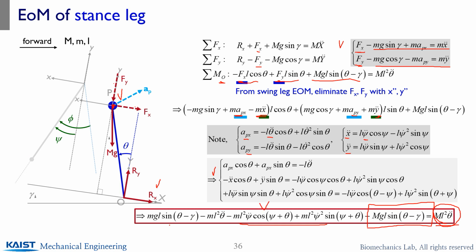And those are the swing leg's gravity term and the rotational motion of the swing mass in terms of theta double dot. So this is a typical inverted pendulum equation of motion with the external force effect by the reaction force at the joint, the swing leg rotational motion.